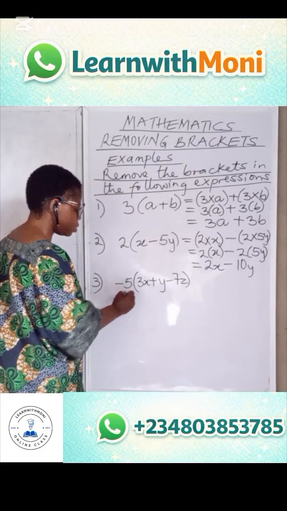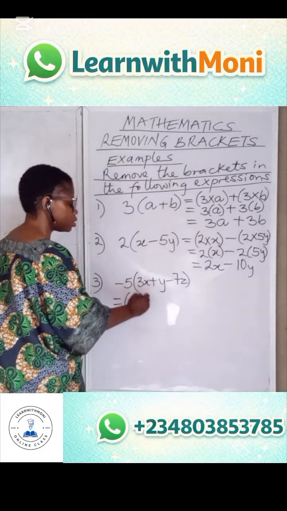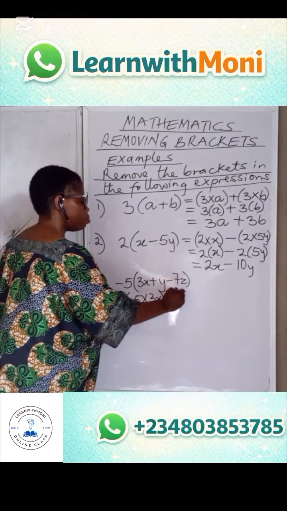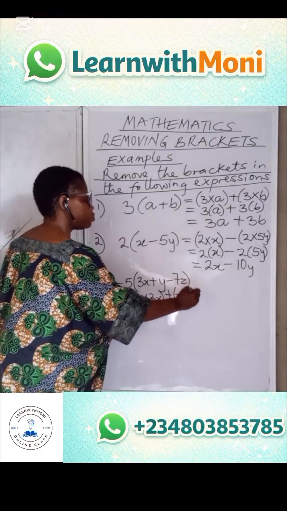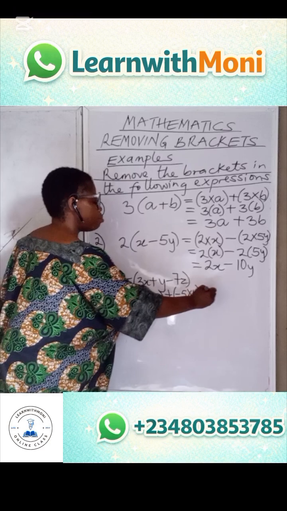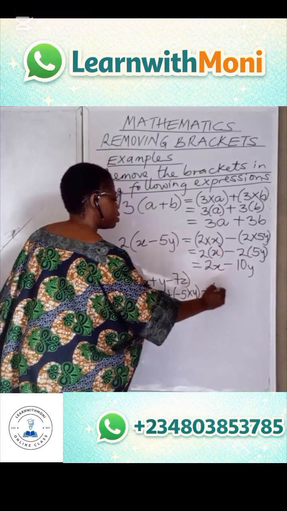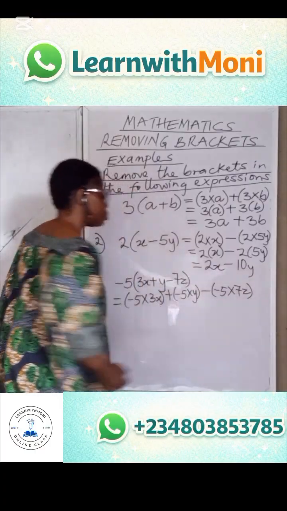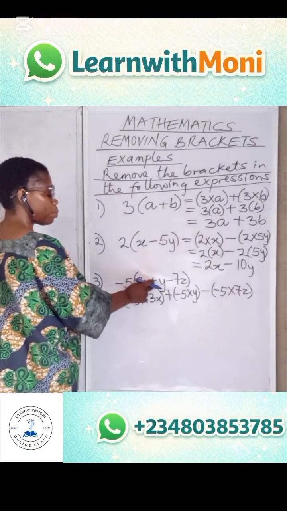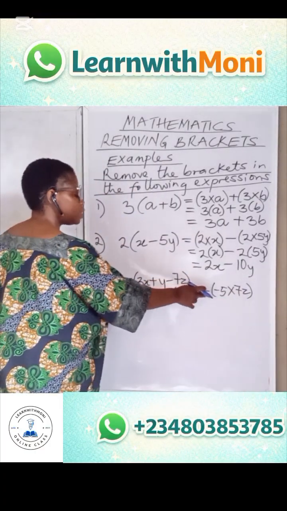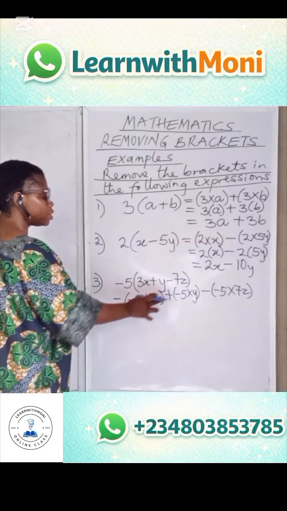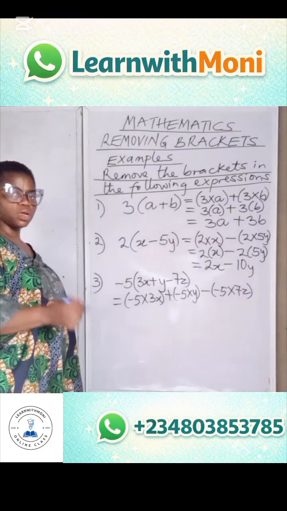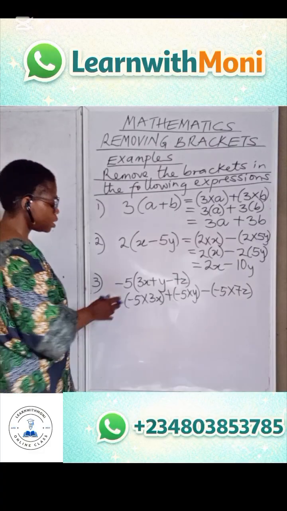I have minus 5 times 3x plus minus 5 times y minus 5 times 7z. Look at it. The plus here, the minus here. Then each of the terms multiplying each other in the bracket. So let us treat that.